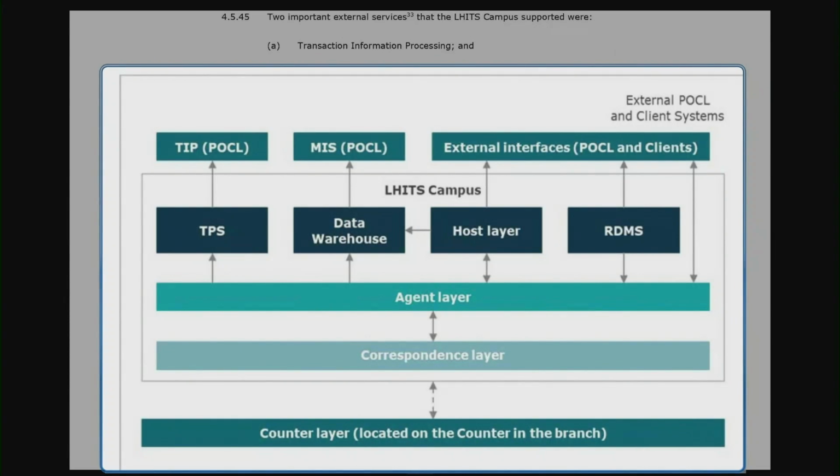Yes, so the agent layer, I would say that would be your universal translator for the use of all the information, both operationally and financially, once it got through the correspondence layer. So one of the items, like you said, is that it made the information available to be written to archive or to tape. It also translated it into the multiple different consumers of this information that we'll get to in a second.